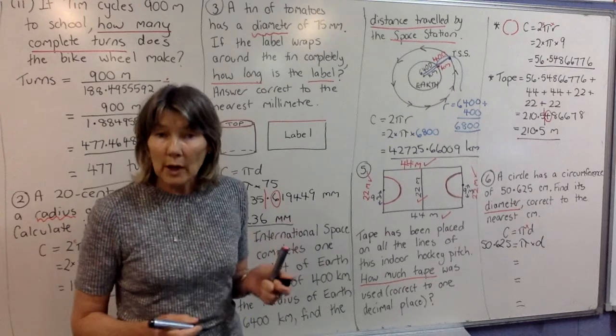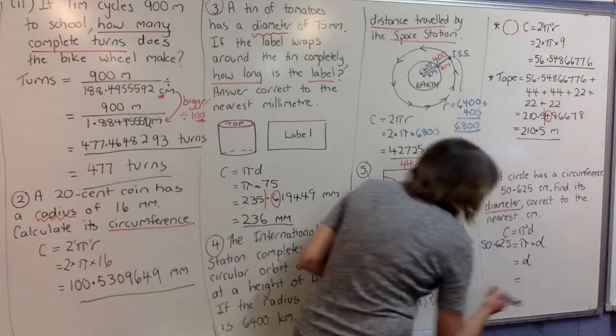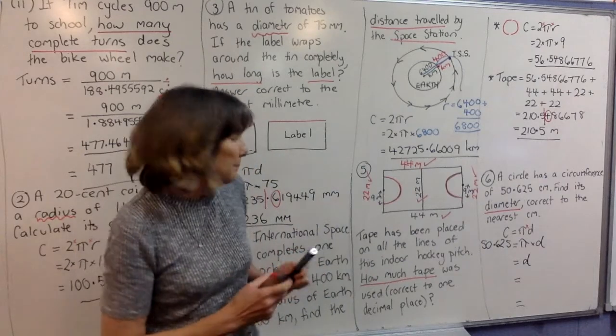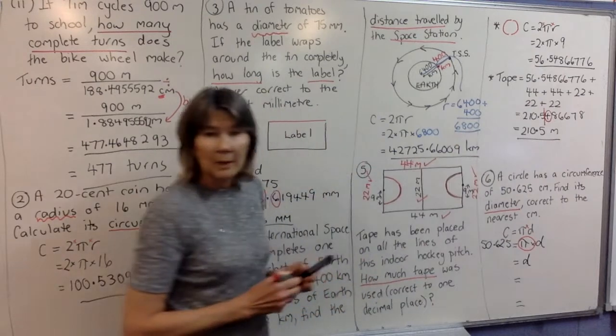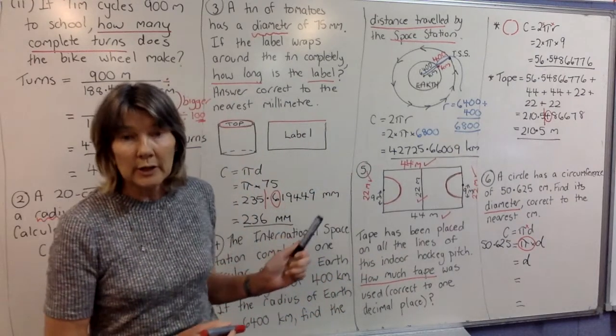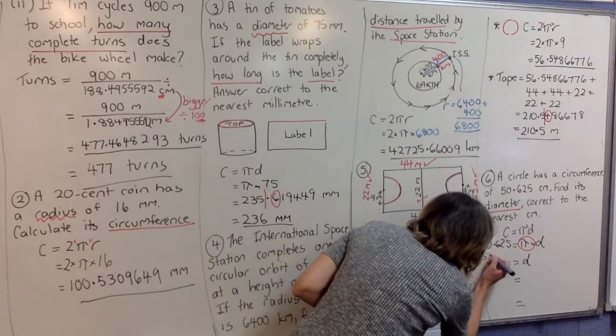Now, you're finding the diameter. That means you need to get d by itself. So we're solving an equation. That means we need to get rid of times pi. So we go to the other side of the equation and do the opposite, which is divide by pi. So let's write down what we've got.